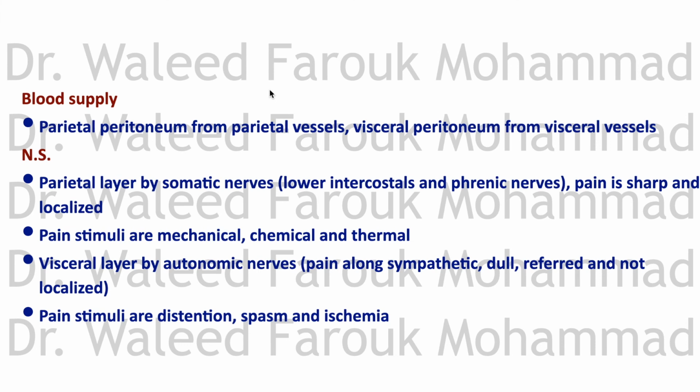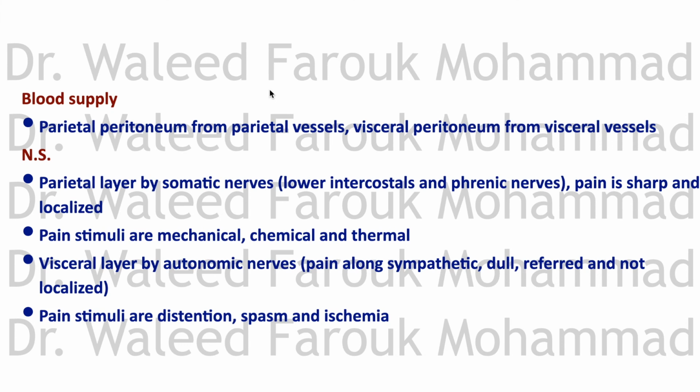For the nerve supply, the parietal peritoneum is supplied through somatic nerves like the lower intercostals and phrenic nerves. And somatic pain is characterized by being sharp and localized. The pain stimuli for such somatic sensations are mechanical, like injuries, chemical injuries, and thermal injuries. All these stimulate pain at its maximum.